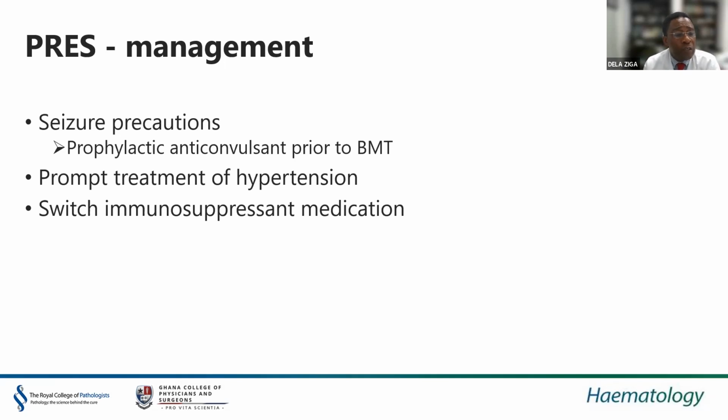When it occurs in patients who are on immunosuppressive medications, sometimes you can switch the tacrolimus for CellCept, cyclosporine or sirolimus, because you need to continue immunosuppression, or else you're going to trigger GVHD.